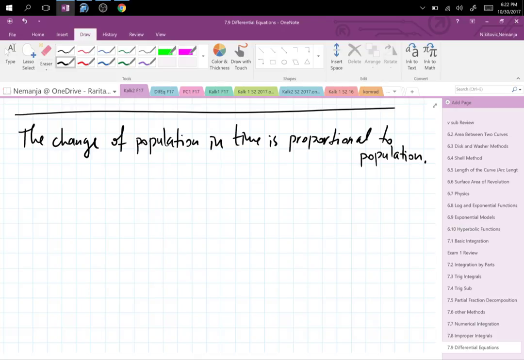So what we have here is a sentence which makes sense in a world we live in. If you look at this sentence, it says that the population is going to change in time. How does that happen? Well, the new units are born and the old ones are dying or are eaten or whatever. So you can talk about whatever population you want.